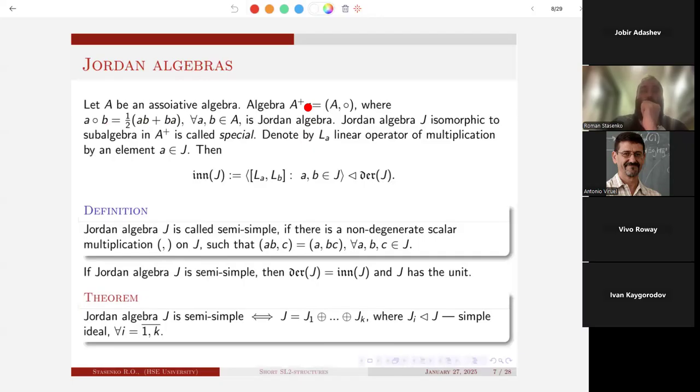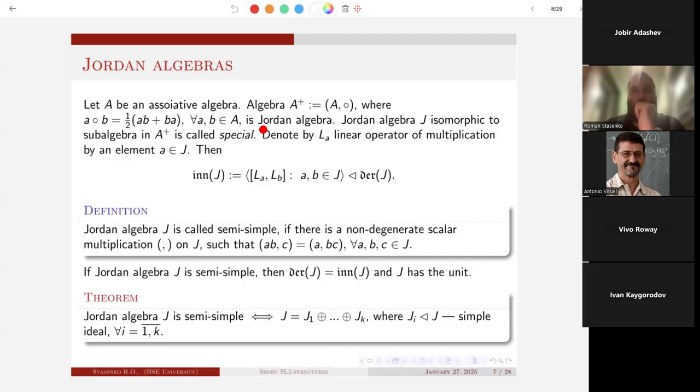algebra. In the field of complex numbers, there is a simple Jordan algebra that is not special. It's the simple algebra, Albert's algebra.